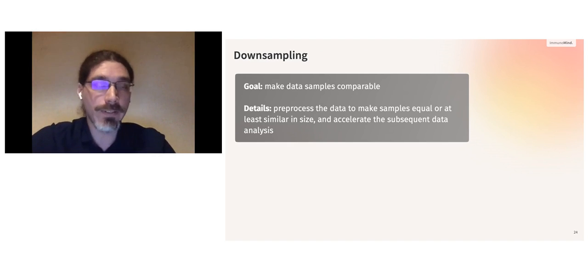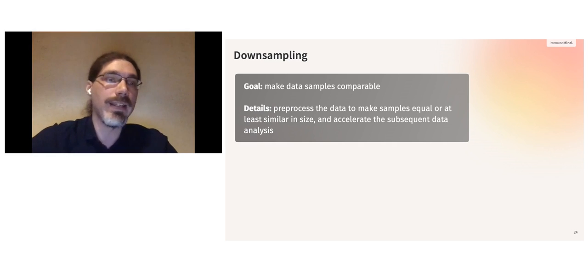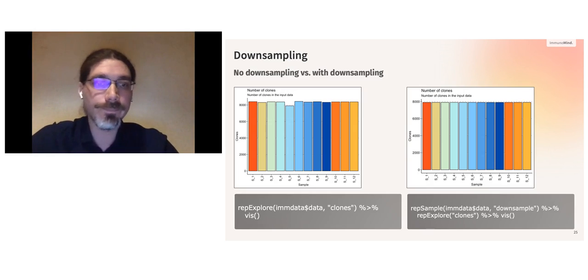This is a highly requested feature because the goal of downsampling is to make data samples comparable. Some of the statistical methods simply don't work if you provide samples with vastly different volumes of data, with vastly different numbers of clonotypes. So it's very important to downsample, to make immune repertoires almost the same in size, but artificially.